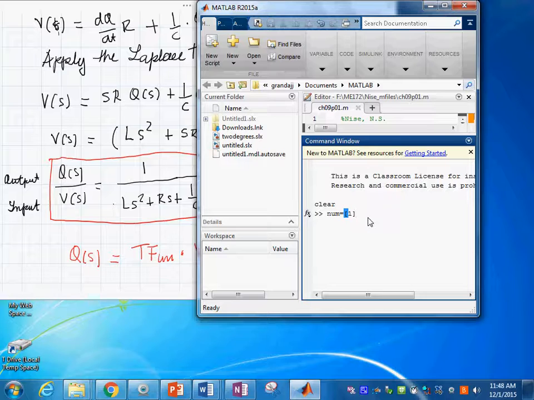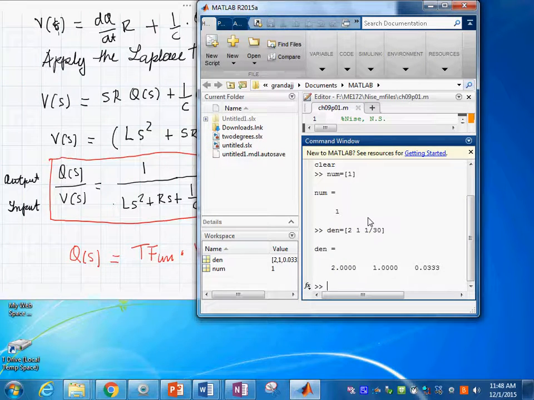The denominator is a polynomial with coefficient, let's say, 2 for s squared, 1 for R, and 1 over 30 for C, and then close the parentheses. Then I say the transfer function G is equal to the transfer function of the numerator and the denominator. And watch what happens.